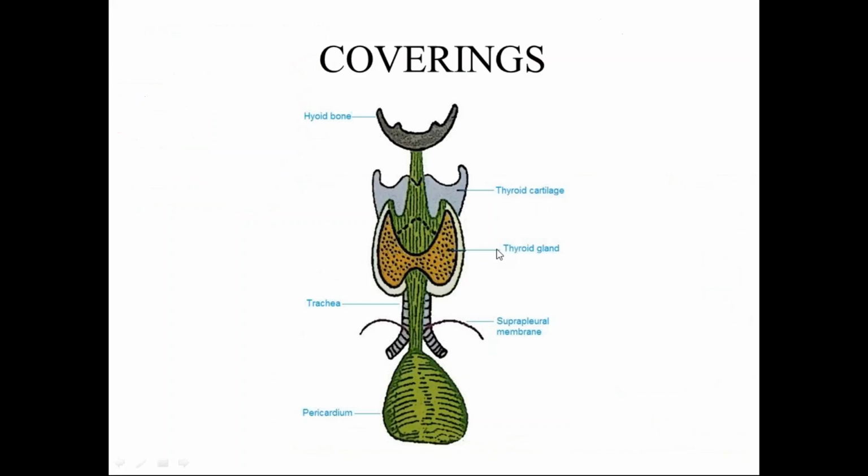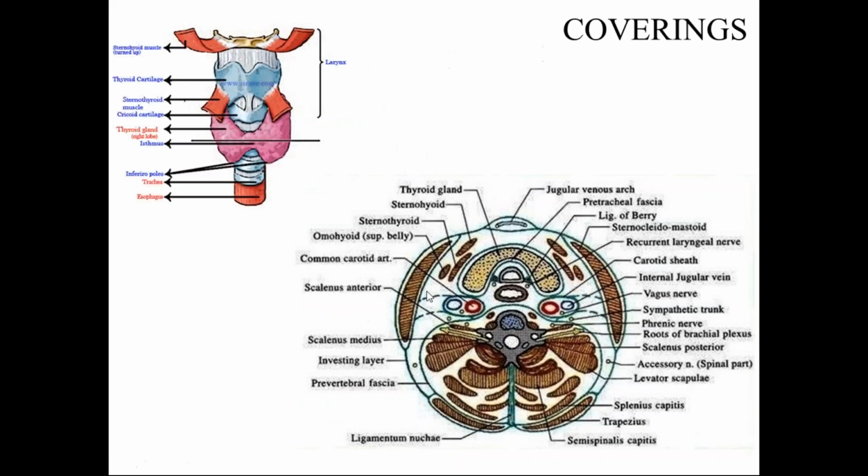Again coming to this picture, this is the inner true capsule and this is the outer false capsule. The outer false capsule is derived from the pretracheal fascia, which is a part of deep cervical fascia. Deep cervical fascia is the deep fascia present in the neck.